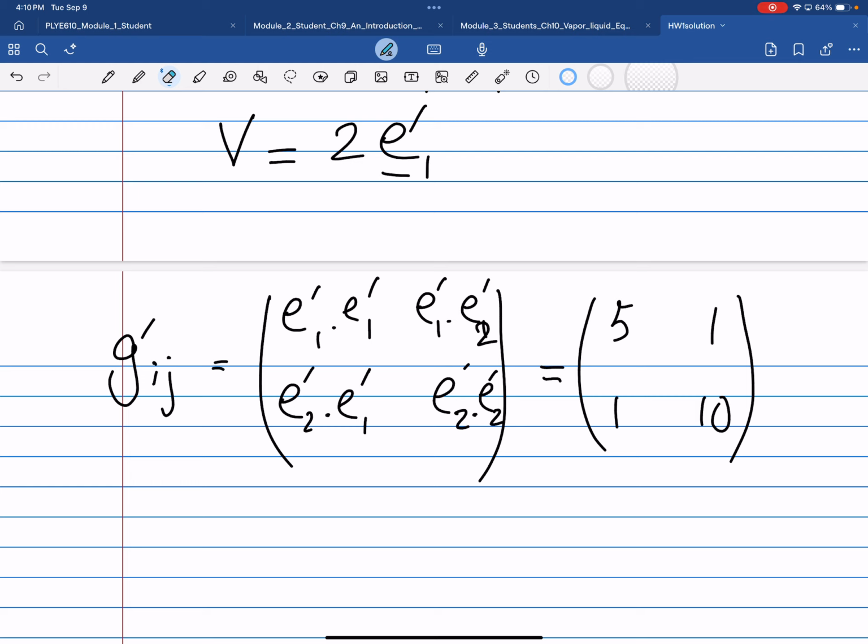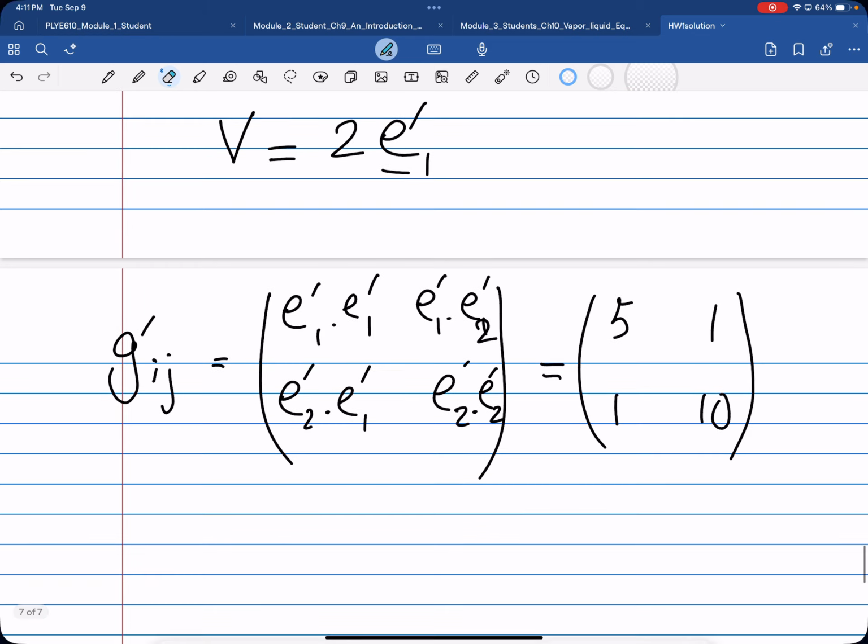Now we have done some transformation, right? The dot product should be invariant with respect to transformation. So this is part B, and in part C, we want to check that, right?